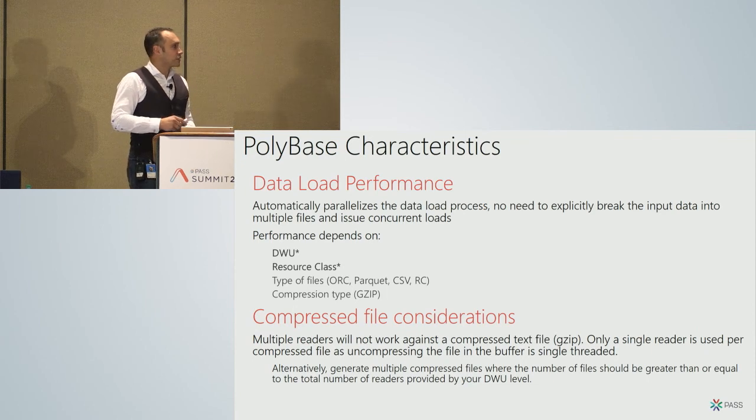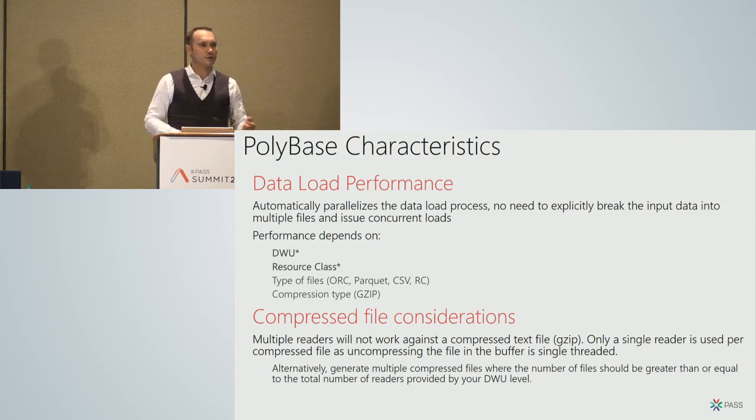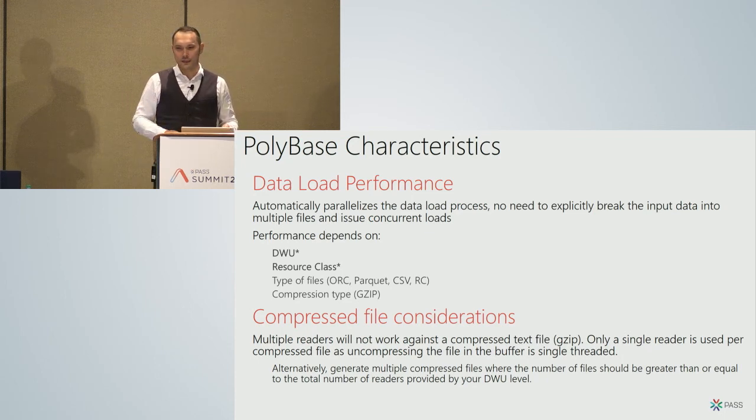Now, there's one gotcha here, a known fact, right? If you use compressed files, gzips, you'll have only one thread per file. Compared to Parquet or TXT files, where you have multiple threads per file, gzip has one thread per file.